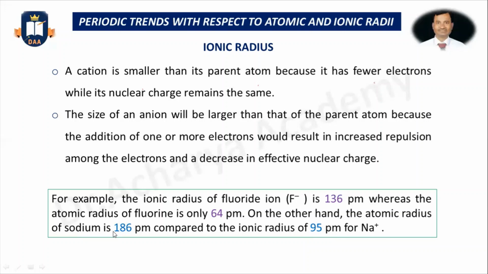In this example also, you see the atomic radius of sodium is 186 picometer. And as per this discussion, a cation is smaller than its parent atom. That means the ionic radius is only 95 picometer for the sodium ion.